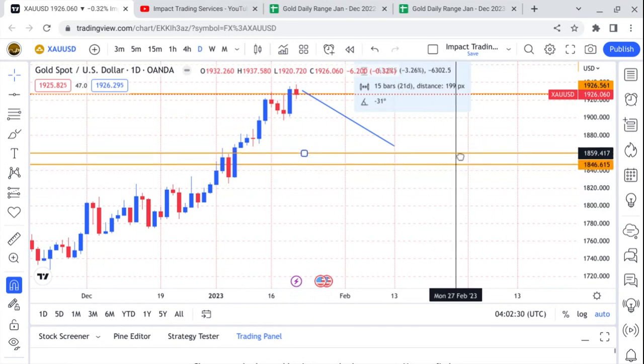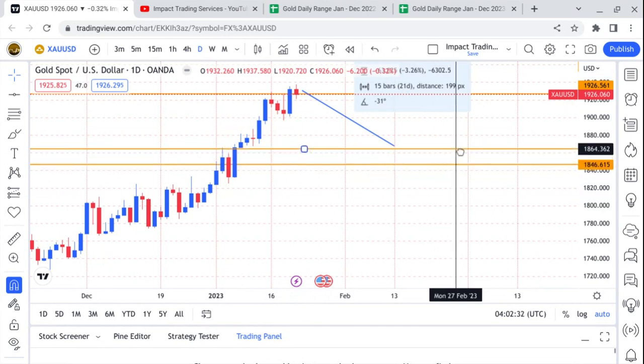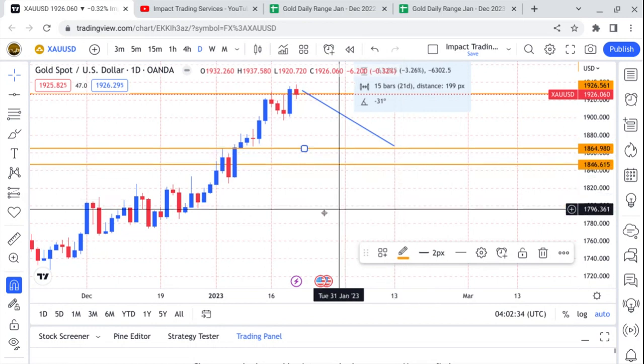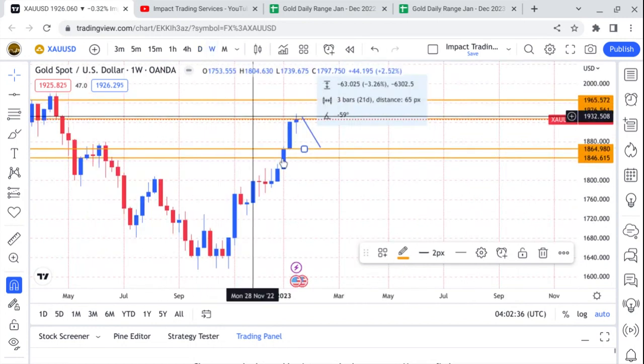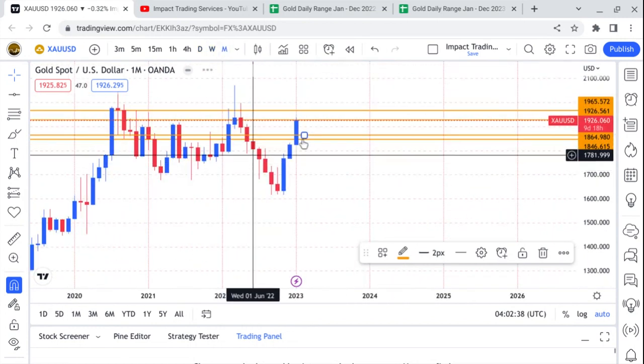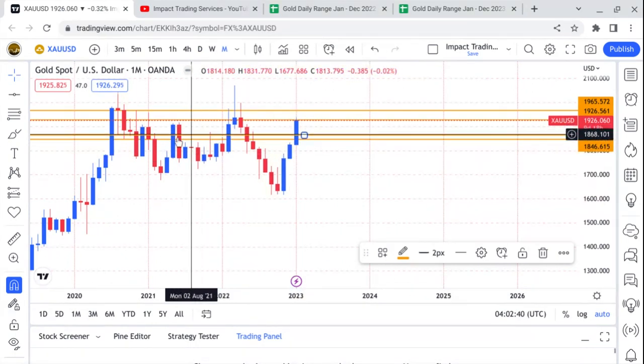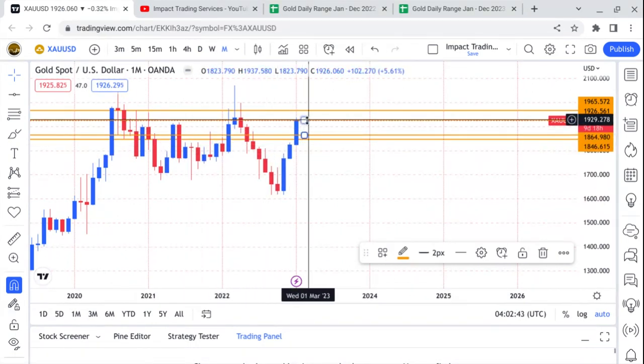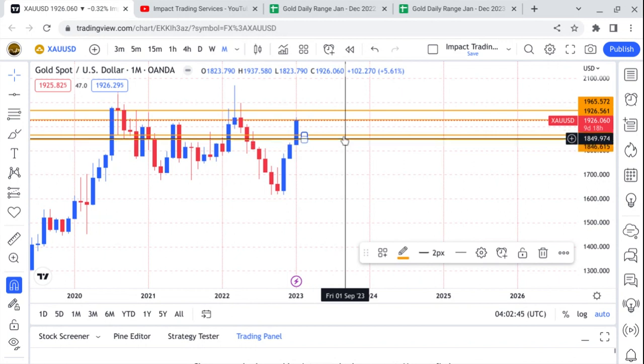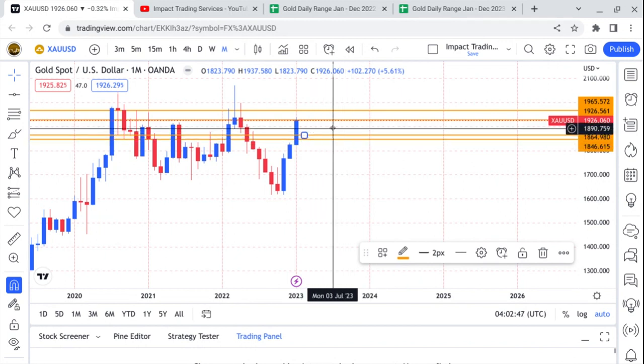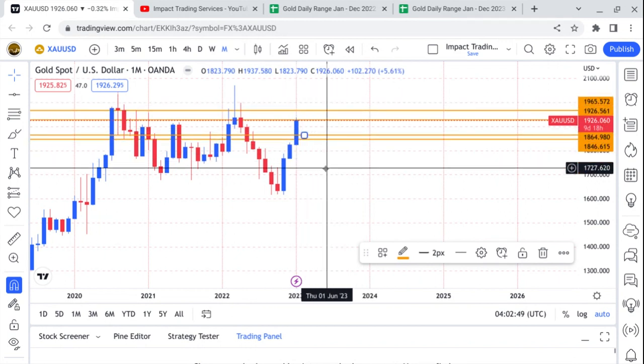That puts us in the 1860 area, and we've already drawn this level of demand on our charts from the weekly and the monthly charts. We've already drawn those levels, so we know what to do when price gets there. Demand may be entering the market where we can place long trades.